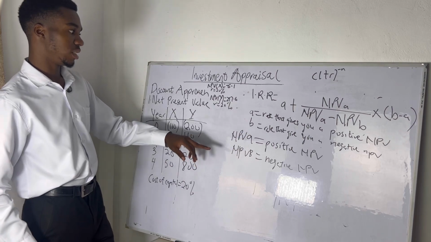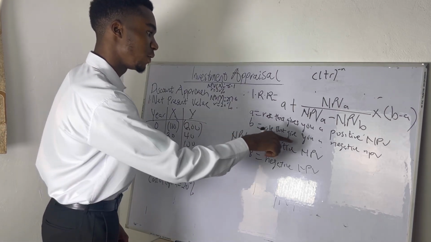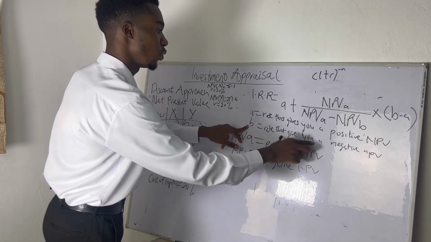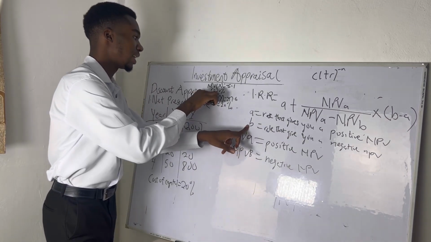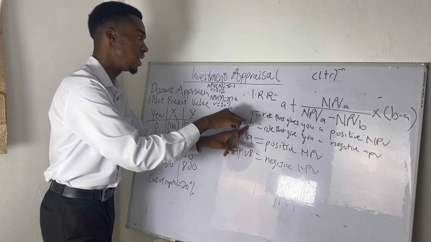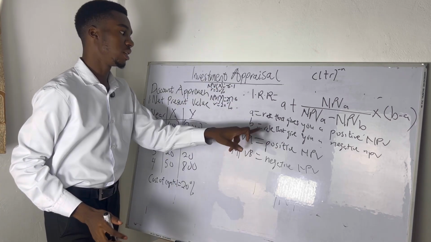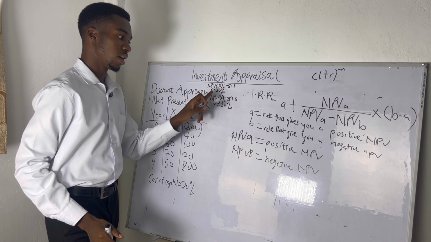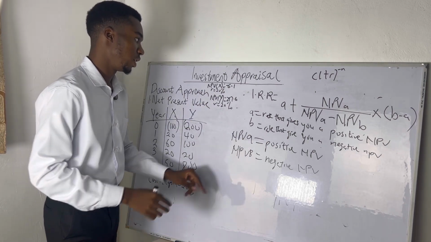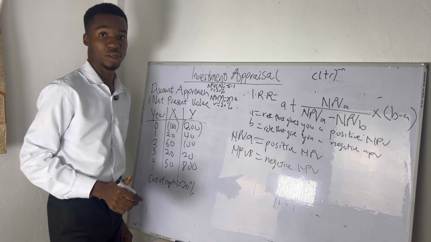So now let's trace it here. We said that the rate that gives you a negative NPV is B. The 20% gave us the negative NPV, so our B is 20%. And straight away our NPV B is the negative 6.1.